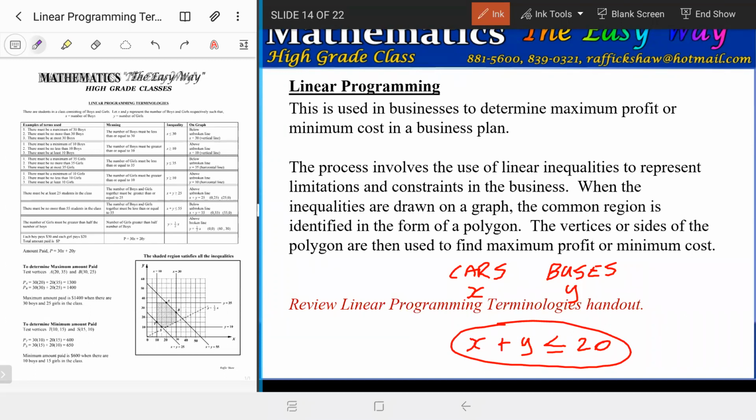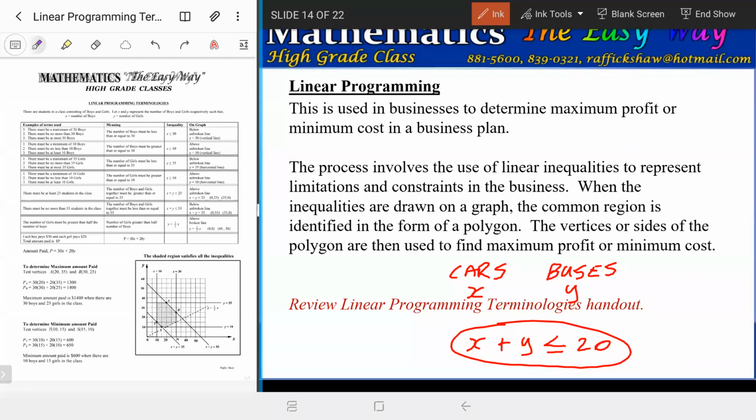Another possible inequality that you can have, for example, is that you might be getting a deal from the people that you're buying from. They might be saying to you, okay, to get a good deal on the price, you must buy at least 10 buses. And you decide that I want that deal, and I'm not giving up that deal. You must buy at least 10 buses.